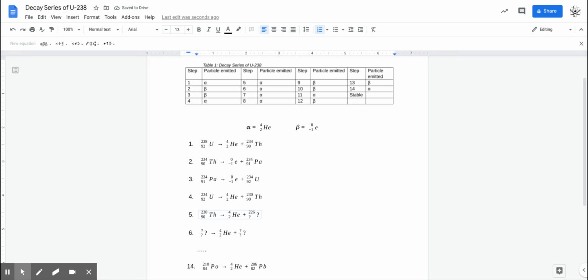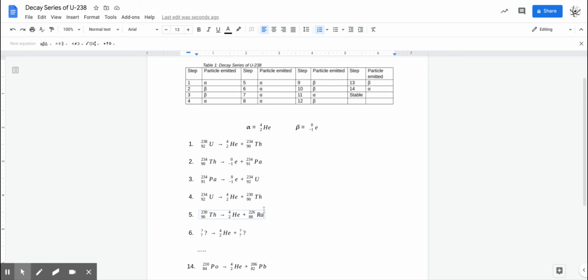To solve for my daughter's atomic number, 90 minus 2 is 88. And then on my periodic table, I find out that element number 88 is radium, and the symbol is Ra. So radium-226 is my daughter atom at the end of step 5.